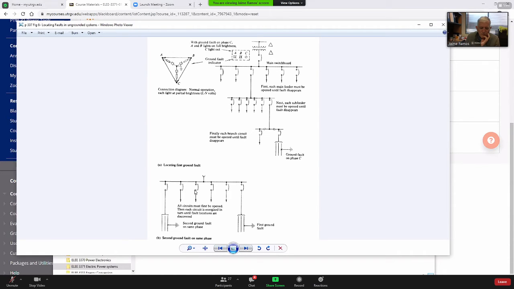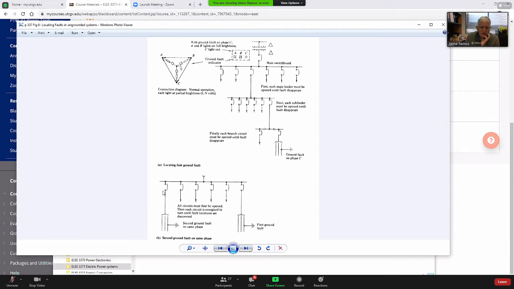So you open all the circuits, and then you energize the first one, and you see there is a fault in that. And then you repair the fault. So the first fault is gone, but then there is still a second fault, and you don't know where it is.